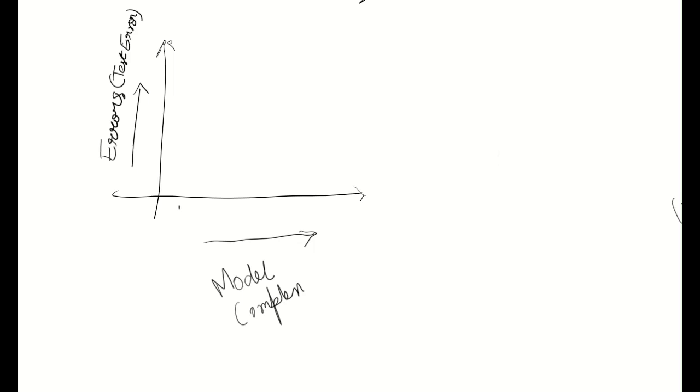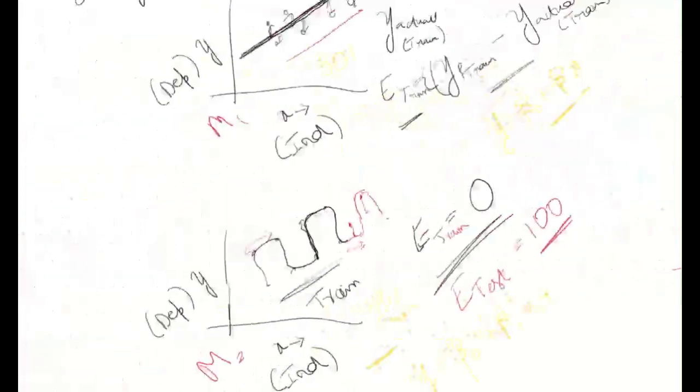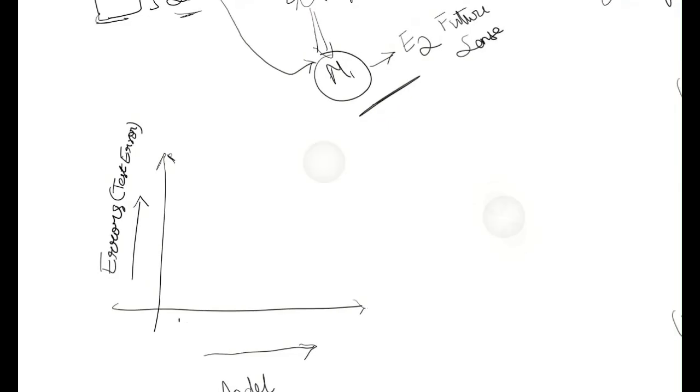Now, as the model complexity increases, as we go from a model like M3 to the model M2, the test error or the train error is continuously decreasing. And similarly, as the model complexity increases, the variance is also increasing.